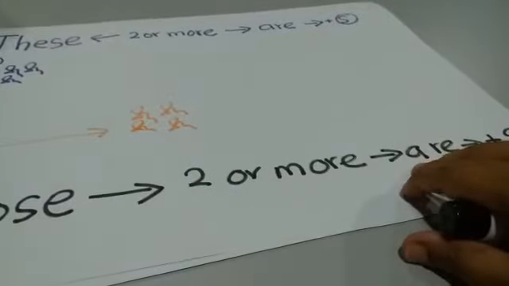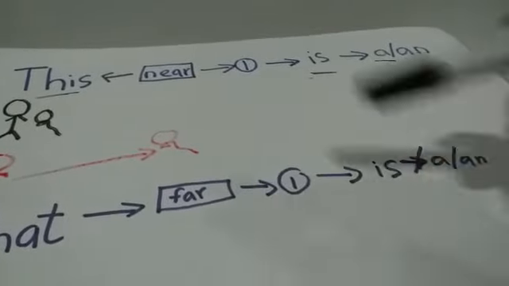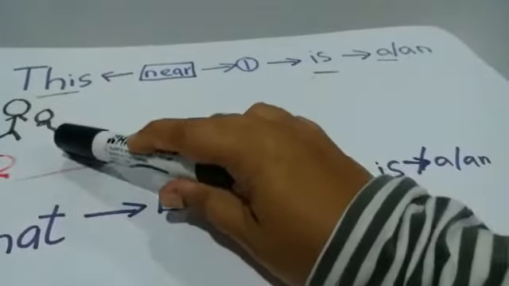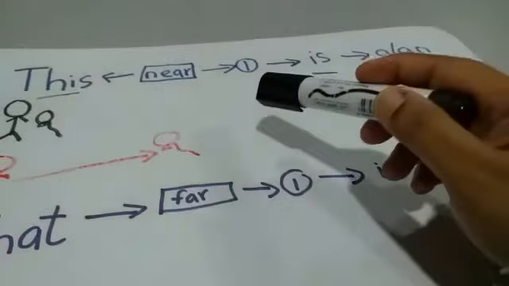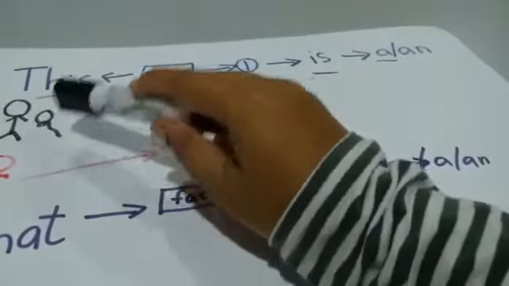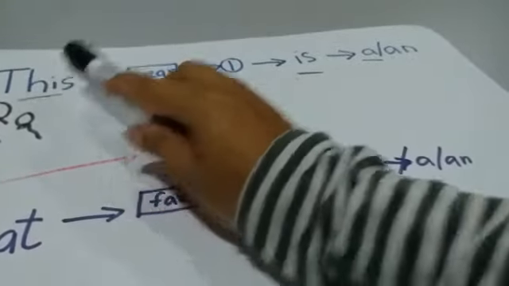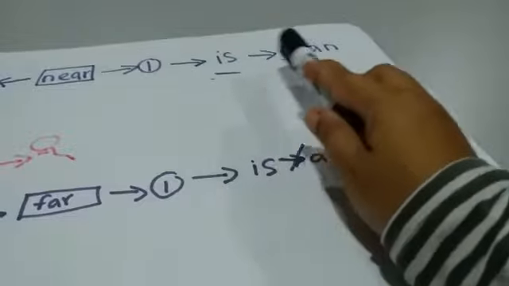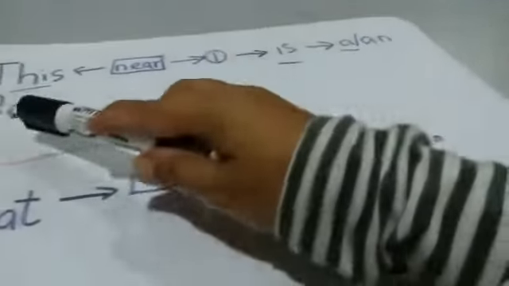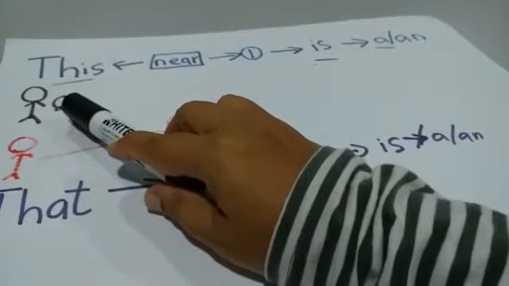So if anything is near to you, and if it is one object, what are you going to use? This. If there's one object and if it is near to you, you are going to use this, and then you have to use this is a or an. So for this picture, you are going to say this is a balloon.